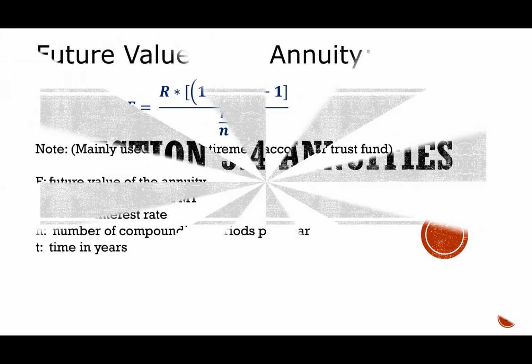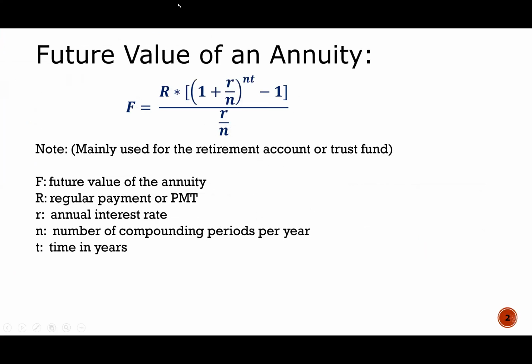So in 3.3, we talked about mortgage, car loan, retirement account, trust fund, lottery, all those different kinds of fun questions like Mega Millions. And in 3.4, we're going to look at more applications. We're still using the 2 formulas, future value of annuities and present value of annuities.